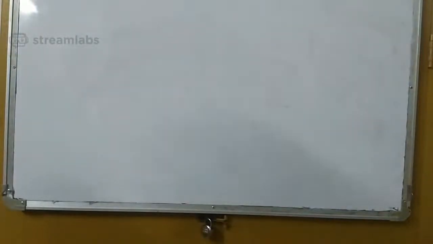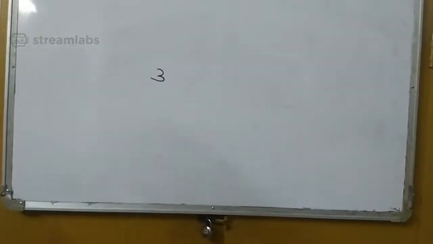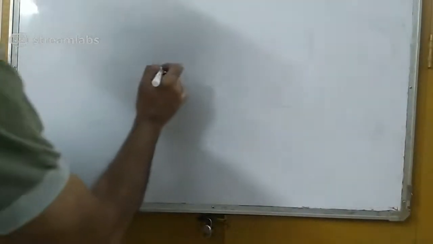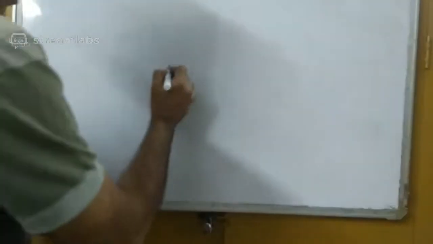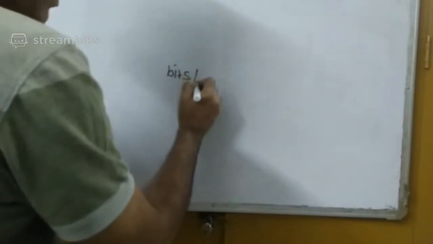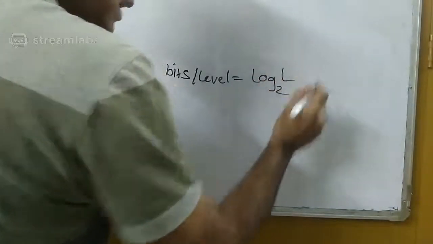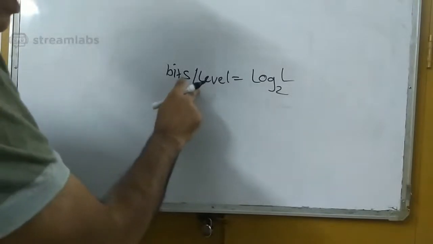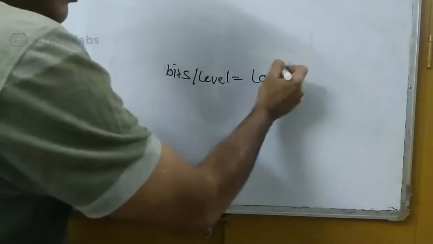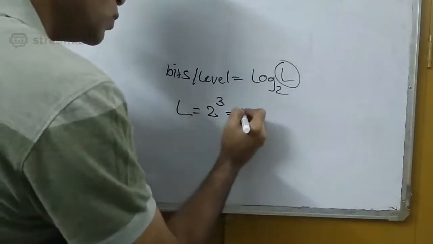Now you know that the number of bits given is 3. Recall that bits per level is given by log 2 to the base L. Here the number of bits per level is 3, and he is asking for this quantity L. So L is equal to 2 raised to 3, which is 8.